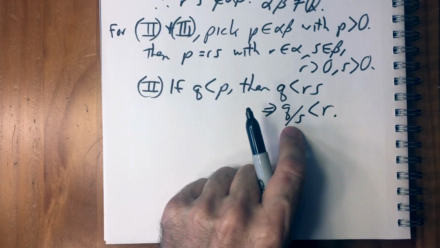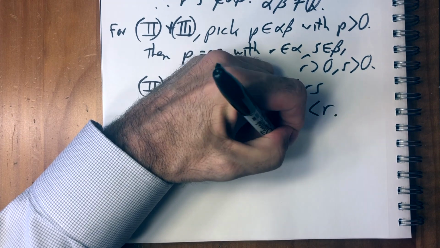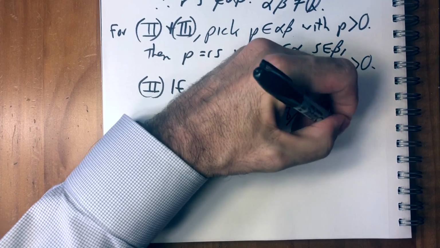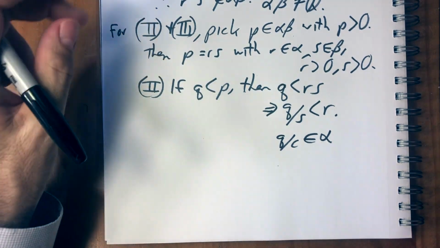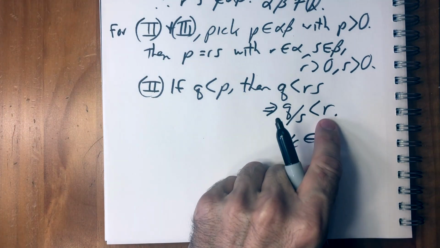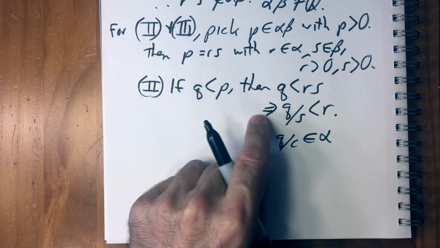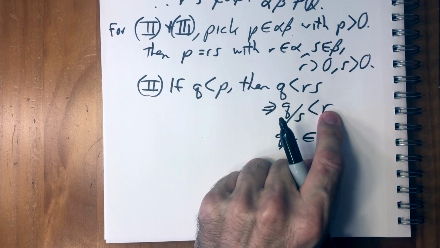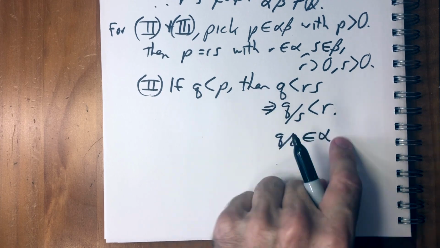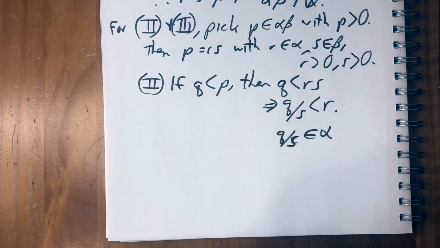So if q divided by s is less than r, then q divided by s is an element of alpha. That is property 2, right? Because if we know that r is in alpha, then everything less than r is also in alpha.